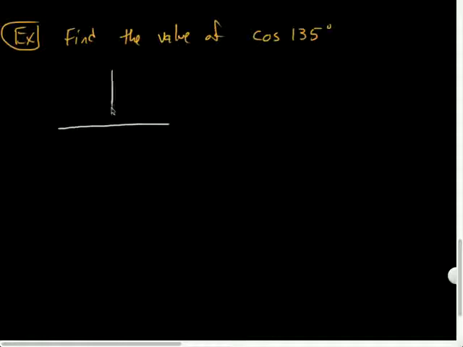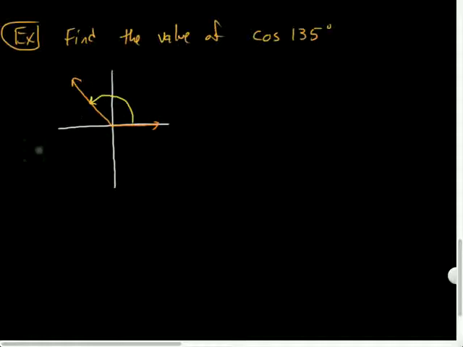So I'm going to draw a picture of this. I'd have the initial side over here. And what quadrant is 135 degrees going to land in? Yeah, that's the second quadrant. It's actually going to land right here-ish. And 135 degrees looks like that.